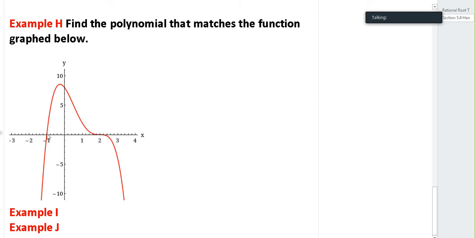So we got roots at -1 and 2. And then the rest is kind of up to you. Decide what binomials correspond to them, what's their behavior, and then the multiplicity. And you should be able to get almost all the way there.